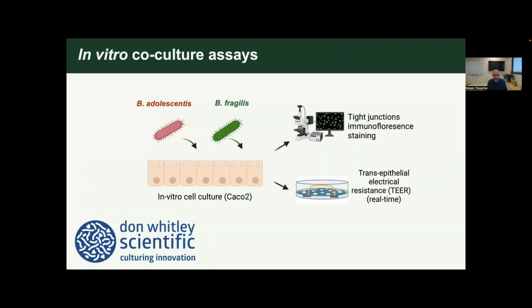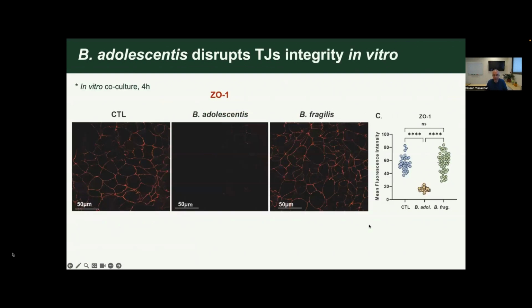How do we address this hypothesis? We use the Don Whitley Scientific culturing system to culture Bifidobacterium adolescentis, which we predicted to be a barrier-disrupting microbe, or B. fragilis as a kind of control bacteria that should not alter the barrier. We co-cultured these bacteria in vitro with the intestinal epithelial cell line, CACO2, and then we looked at the tight junction structure and the epithelial barrier integrity.